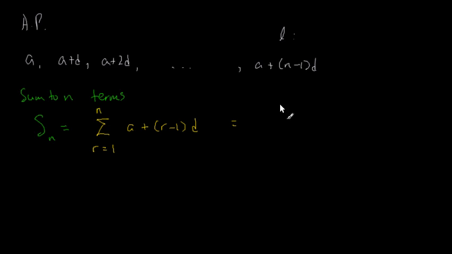And as I described just now, we can find the sum if you notice that each time we pair them up, when we pair up the first and the last, or the second and the second last, we always get the same answer. So all I need is to take the first and the last terms, add them up, and then multiply by the number of pairs, which would just be the total number of terms divided by 2.